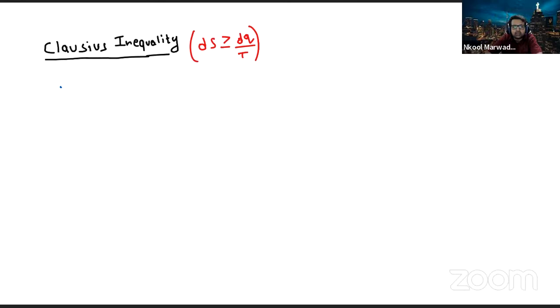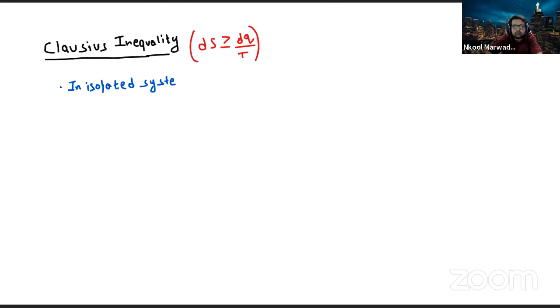Basically, in an isolated system there will be no heat transfer. If there is no heat transfer, then delta S will be zero.